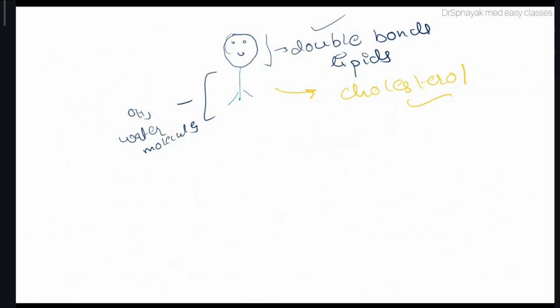That is, it maintains the integrity of the cell membrane and protects the human cell. So what happens? Amphotericin B has a lower affinity for the cholesterol present in the human cell.